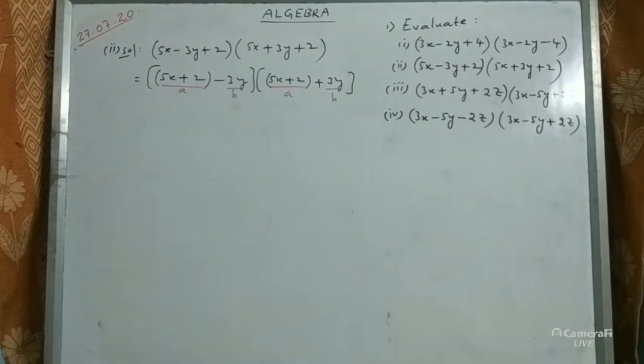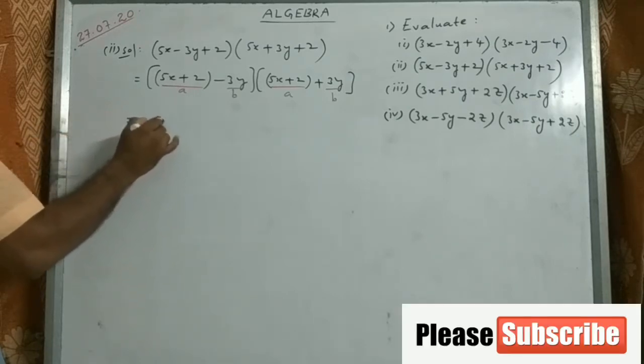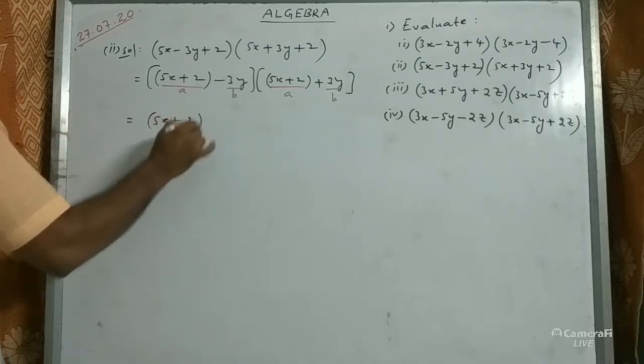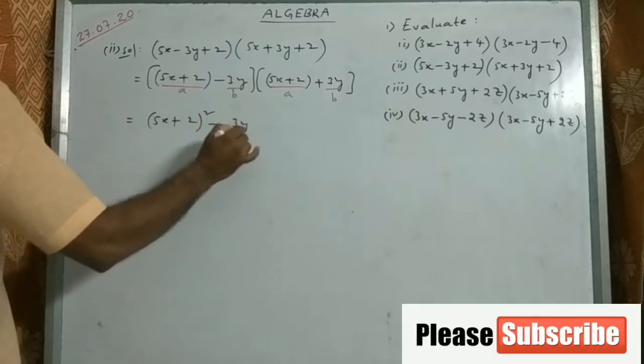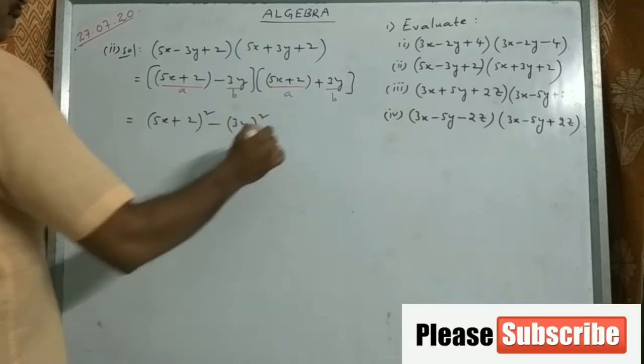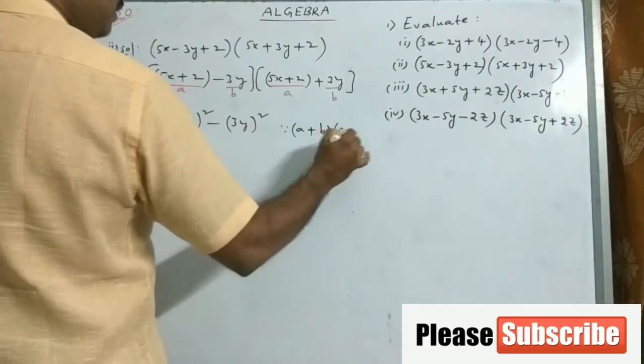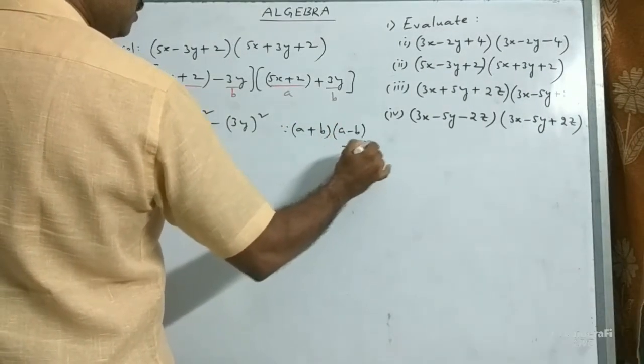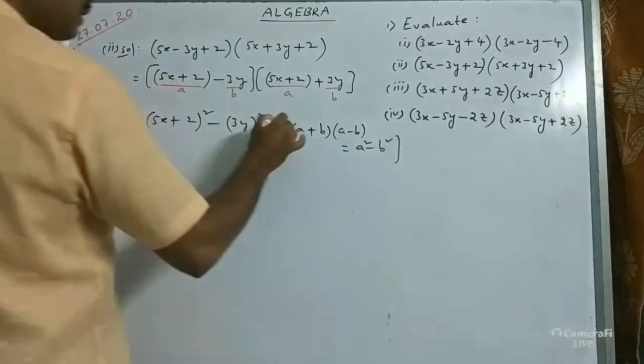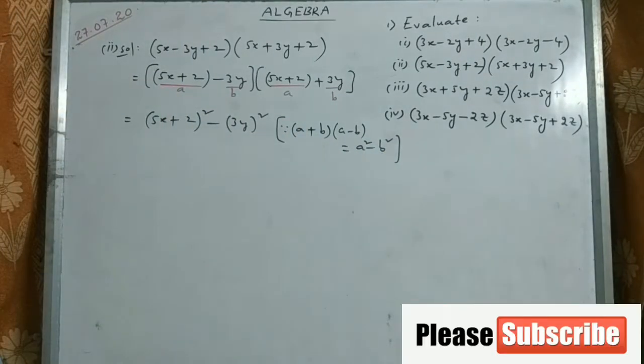So what is the formula for (a + b)(a - b)? a squared minus b squared. So (5x + 2) whole squared minus (3y) whole squared. So what is the formula used here? (a + b)(a - b) equals a squared minus b squared. Okay.